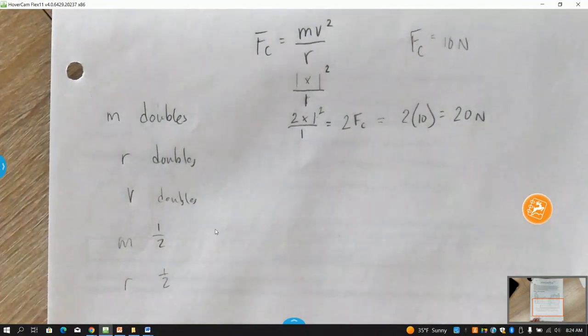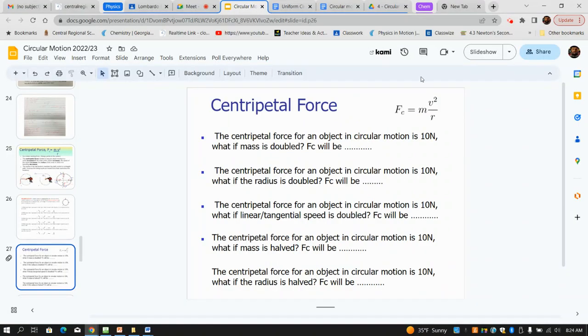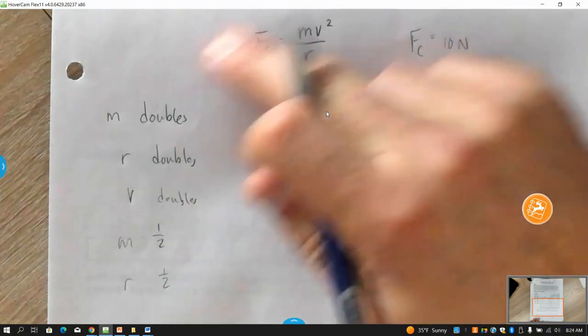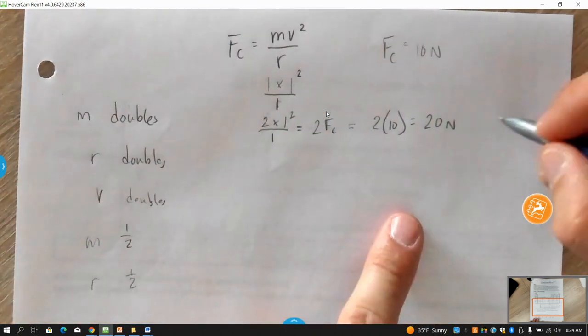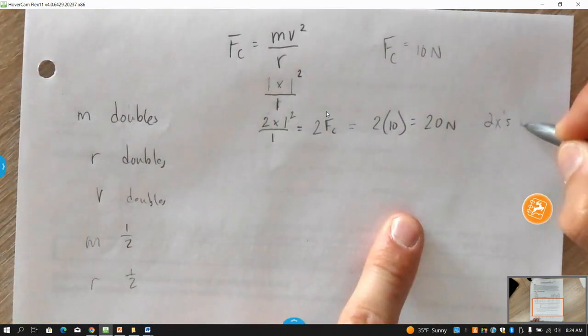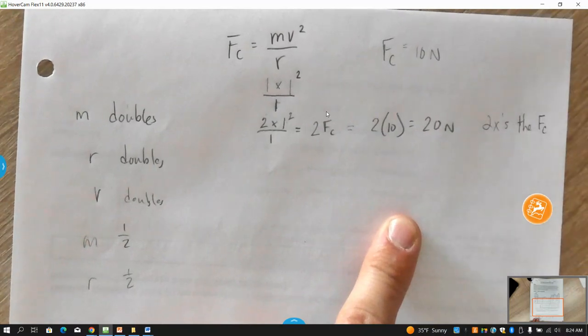In that problem from the notes, they're saying the original centripetal force is 10 newtons. You could write it as 2 times whatever the centripetal force was.